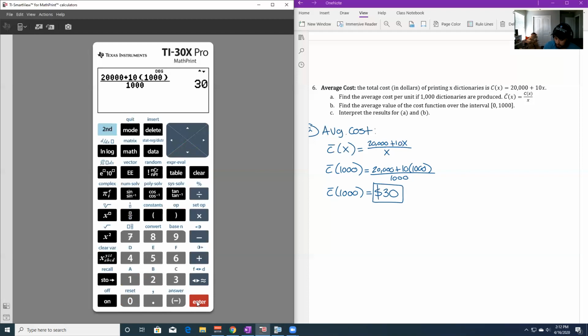This is average cost. So this is the average cost per unit, right? So it's like $30 per dictionary. All right. Okay. So then B.